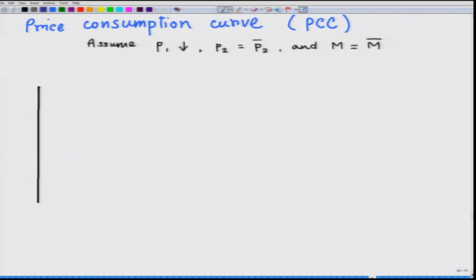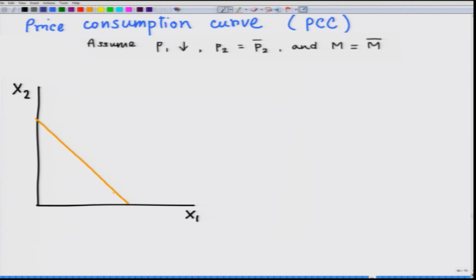Now, let us look at the graph. So, let us start with an initial budget line. Now, if price of commodity 1 falls, then what do we expect?